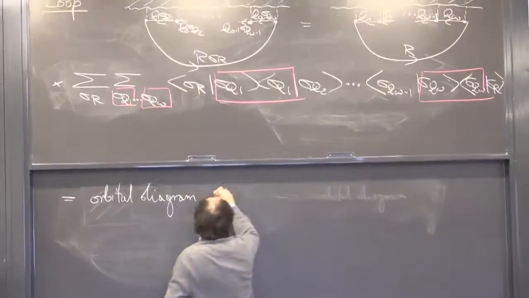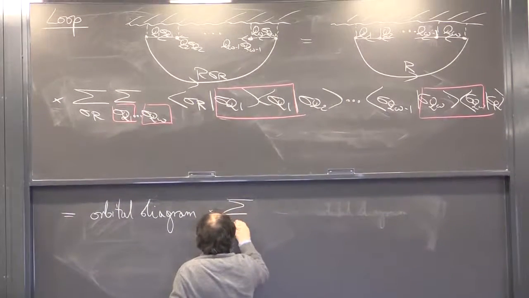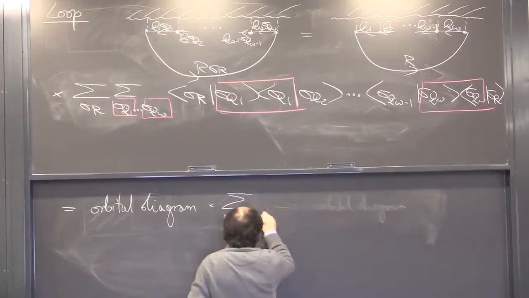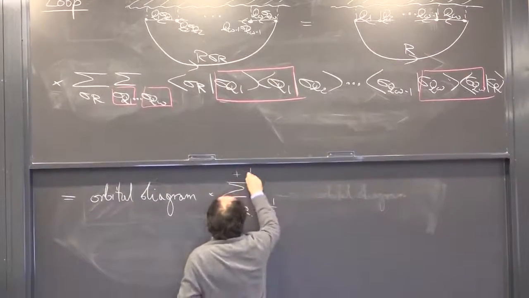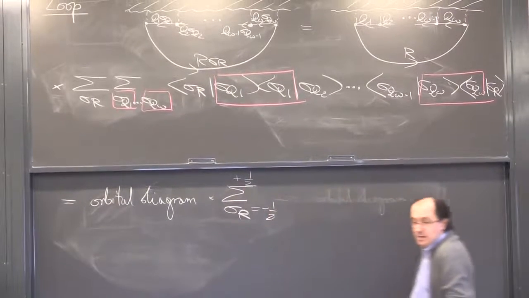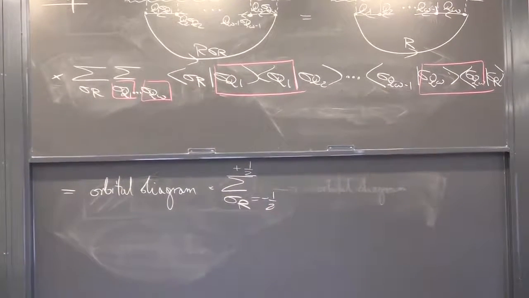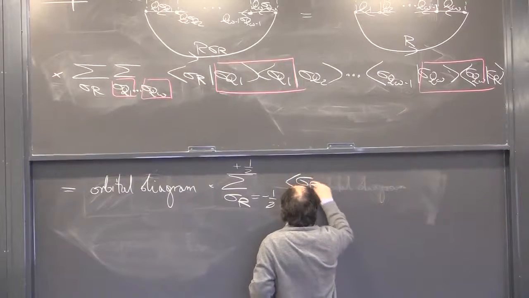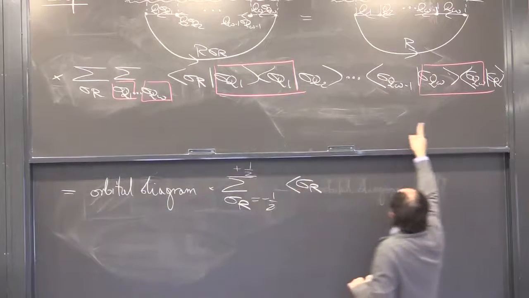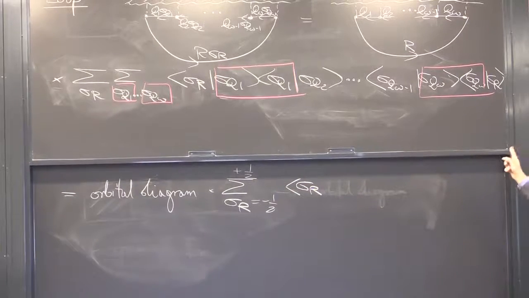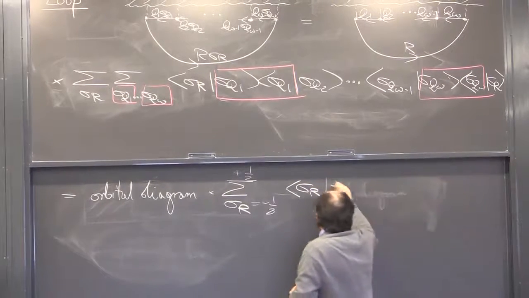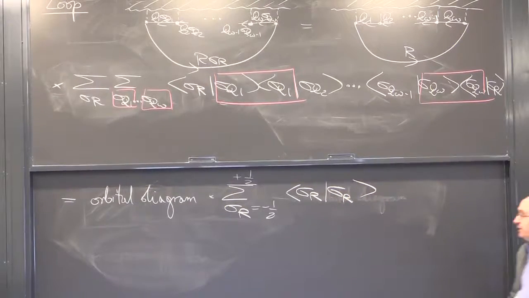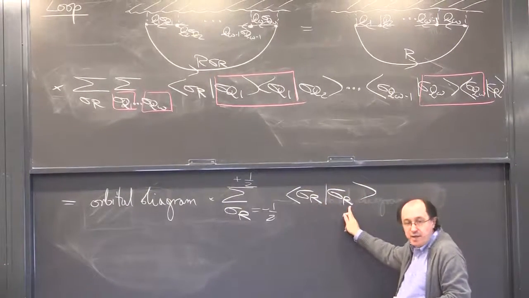So what do we get there? We have a summation over sigma R that, let me remind you, goes from minus 1/2 to plus 1/2, because we're talking about electrons and alpha, beta spins in them, okay? And then we have sigma R, then all these intermediate spins are gone, okay? And we run into sigma R because we're closing the loop, okay? But inner product of sigma R with itself is 1.